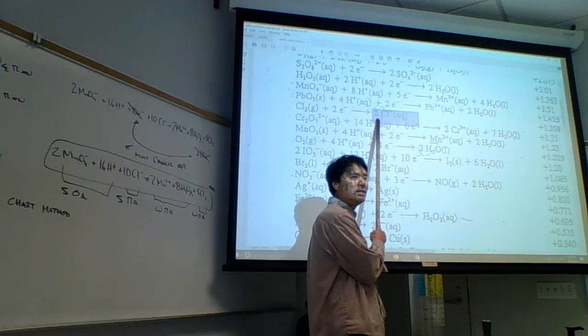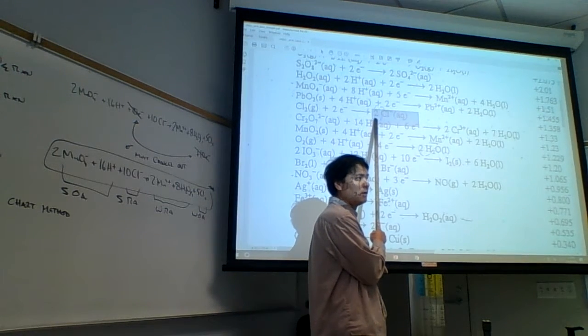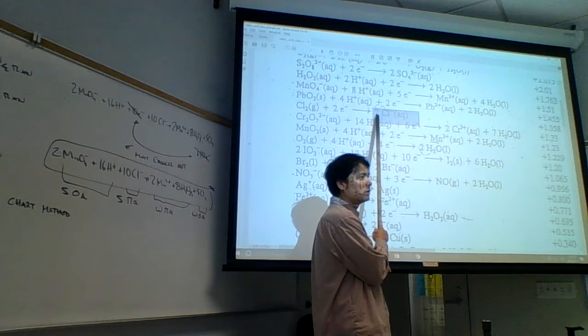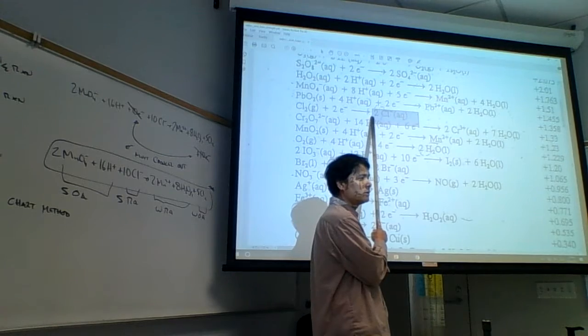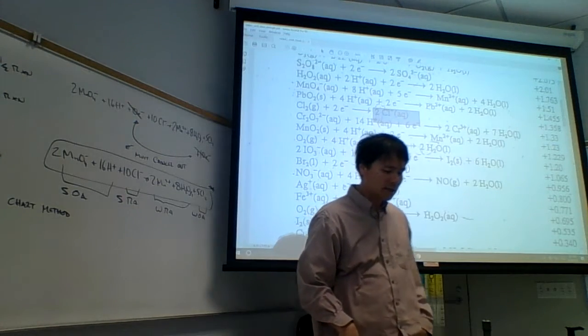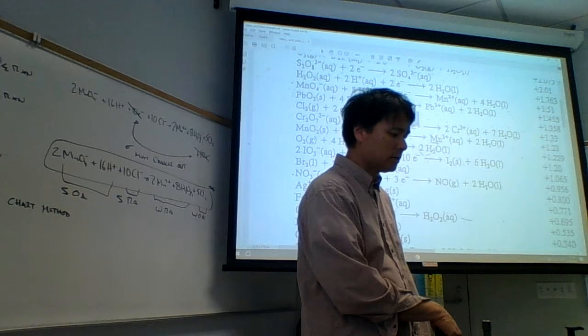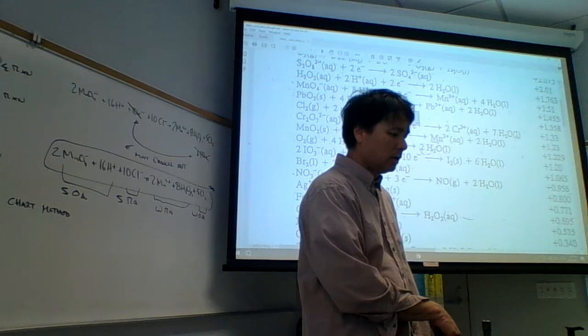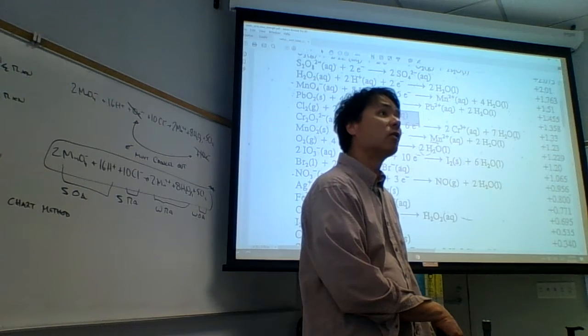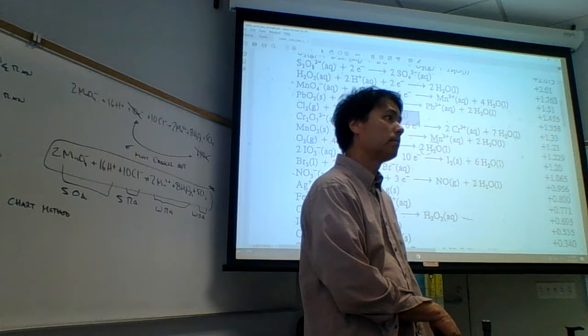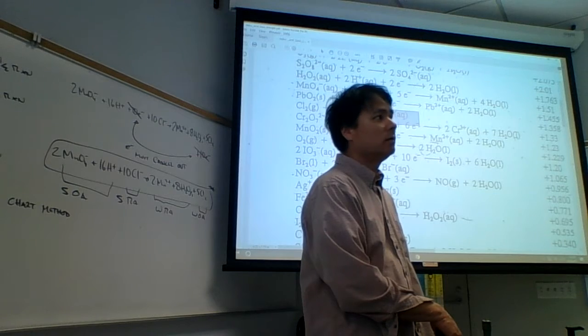But which one is easier to oxidize in the sense of convenience? Well, the chloride is easier. This is what we call mechanistically. Mechanistically, chloride is easier to oxidize, but it costs a little bit more energy to do. Let's say you can afford it.